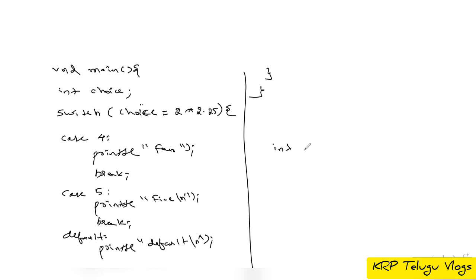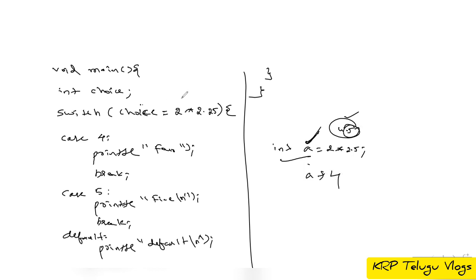Okay, if I give int a is equal to 2 into 2.5, what is the value of a? Here 2 into 2.5 is 5.0. Sorry, 4.5 you will get, but whenever you assign this 4.5 to an int, will it take 4.5 or 4? Only 4. In typecasting we have discussed, right? A will take only 4. The decimal part it won't take.